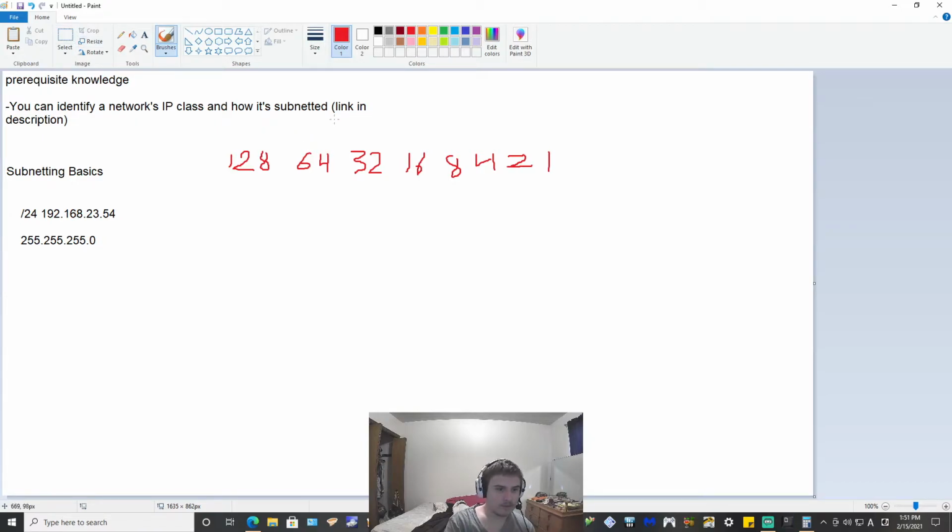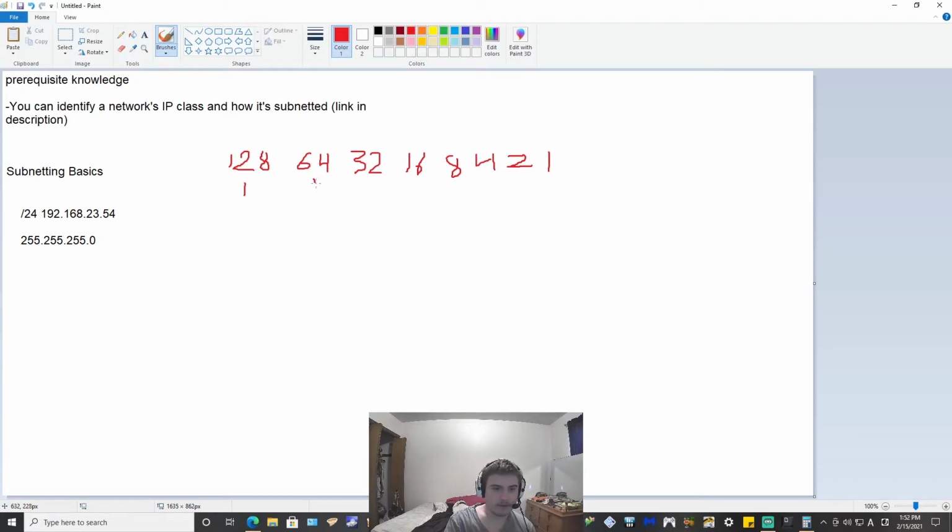So if you took, let's say, 255, 255 is composed of 8 bits, because each of these individual octets is composed of 8 bits, right? So this number 255 is made up of 8 bits that are determined in binary. If we have 128 here, we have a 1 underneath it, because in binary you have 1s and 0s. 1 is kind of like yes or add, and 0 is like no or don't add, right?